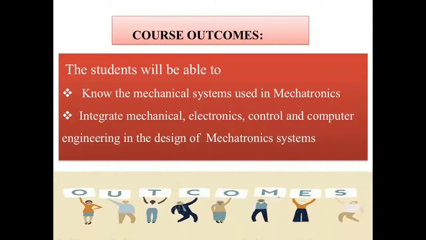So next, coming to the course outcomes, the students will be able to know the mechanical systems that are used in mechatronics, and the student will be able to integrate mechanical, electronics, control and computer engineering in the design of mechatronic systems.